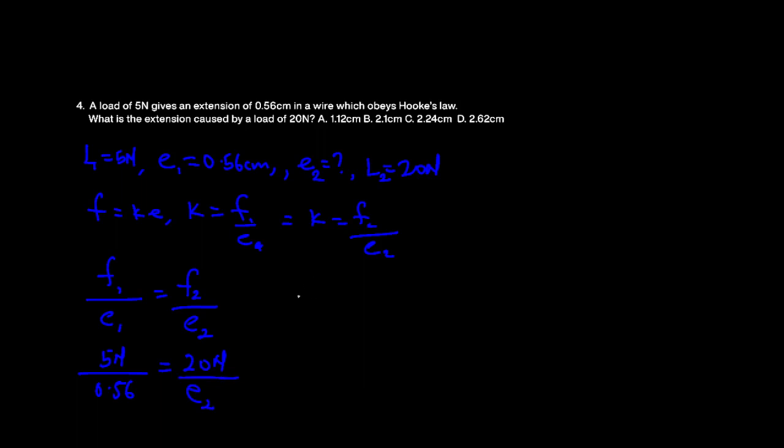So when you cross multiply, E2 is equal to 20 multiplied by 0.56 divided by 5. So E2 is equal to 4 multiplied by 0.56, and when you press your calculator, that should give us 2.24.